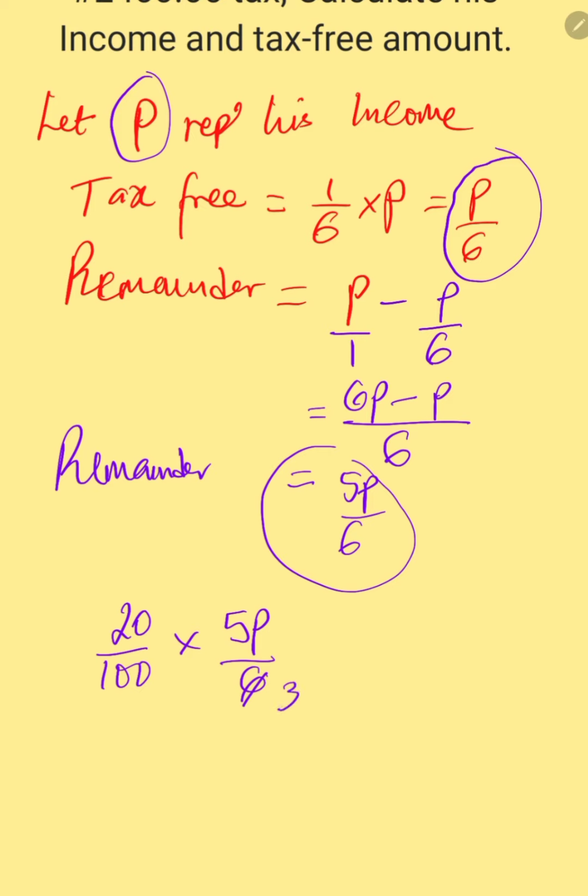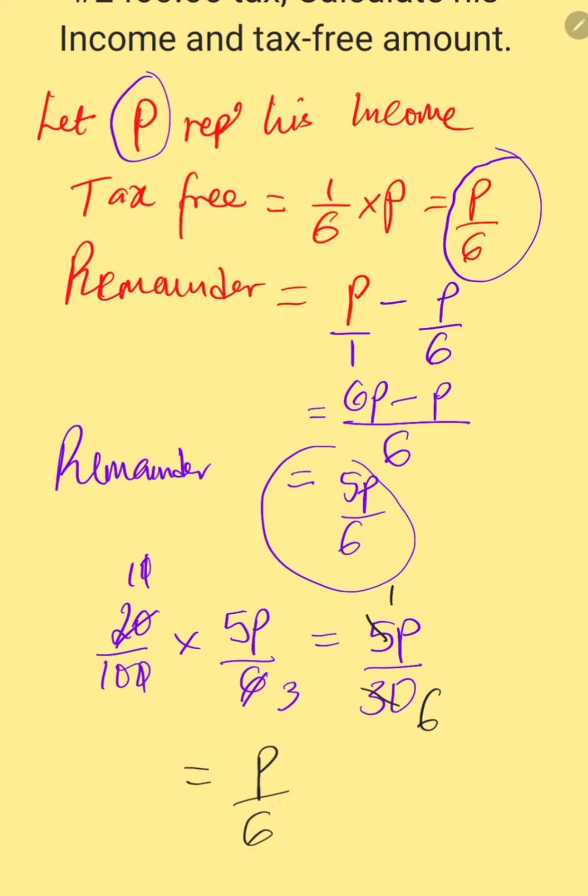Now 2 here is 3, 2 here is the same as 10. 10 we cancel here, you have 1. So we are left with 5P/10 times 3, which is 30. You can reduce to simplest form. 5 here is 1 and 5 here is 6. So that is giving us P/6.